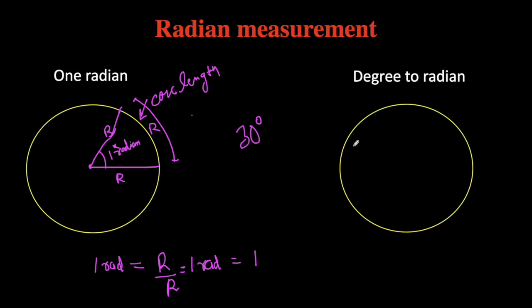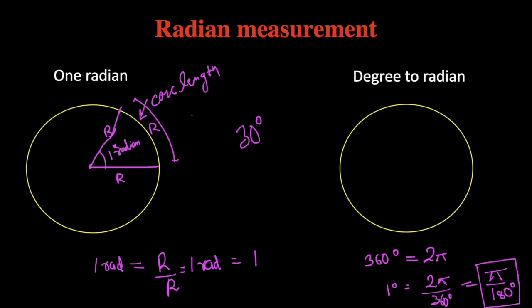Suppose this is a circle and the total angle of the circle is 360 degrees, and in radians that will be equal to 2 pi. So can I write 1 degree is equal to 2 pi over 360? You will see that 1 degree is equal to pi over 180 radians, and this is the conversion factor from degrees to radians.